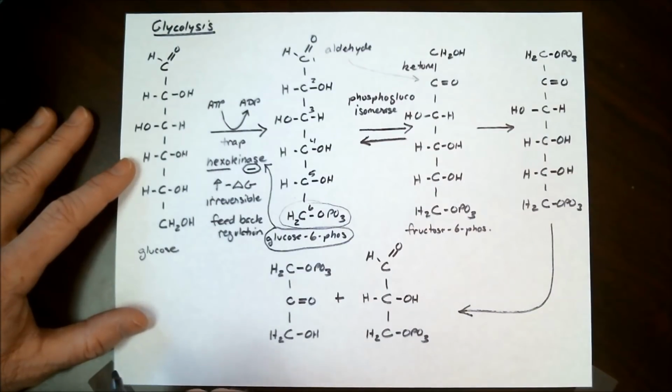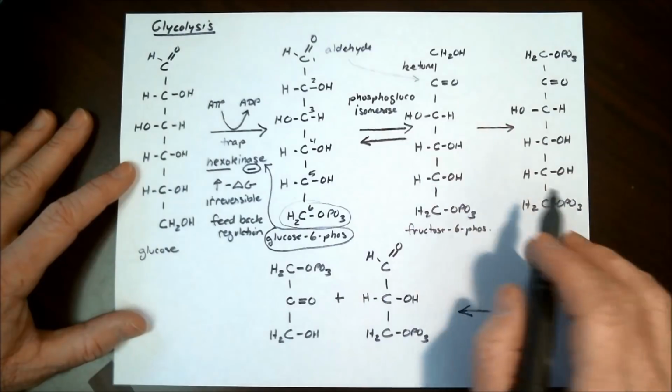And remember our free energy equation, that if you have very low product over high concentration of substrate, take the log of that and you have a negative number because it's less than 1. And that will drive the delta G into the negative range.